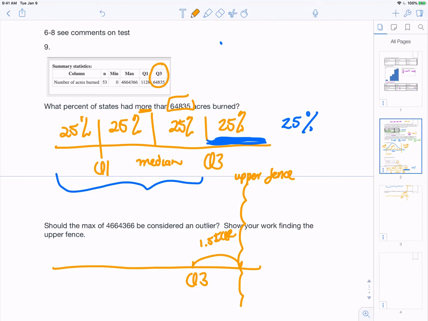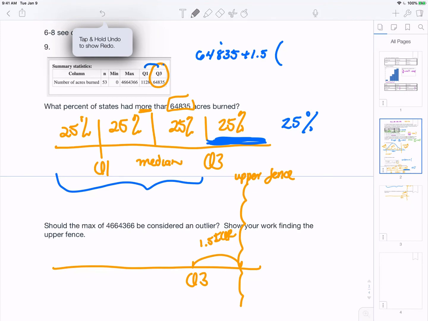So for this particular problem, I would take Q3, which is 64,835, and I would add on 1.5 times. Now the IQR isn't given in this table, but we know that the IQR is simply Q3 minus Q1.